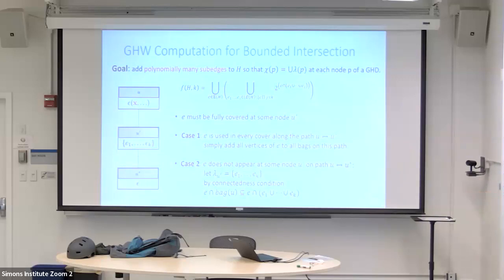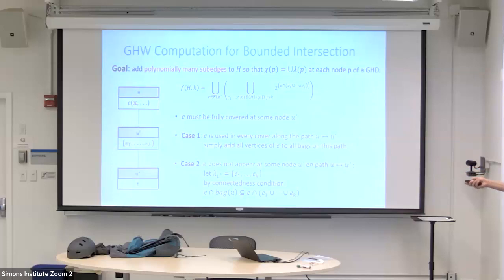Yeah. And now we distinguish two cases. Suppose that the edge E is actually used all along the path between U and U star in the edge cover. Then there is no reason why we should not add the variable x to the bags of all of these nodes. There can be no violation of the connectedness condition. So that's a simple case.